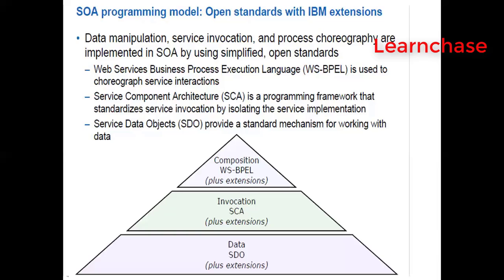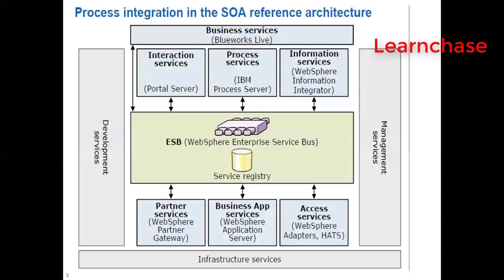So this diagram will basically define the process integration in the SOA reference architecture. We have ESB at the heart of it. If you see the WebSphere Enterprise Service Bus, this is the underlying mechanism which talks to a number of different systems and services.